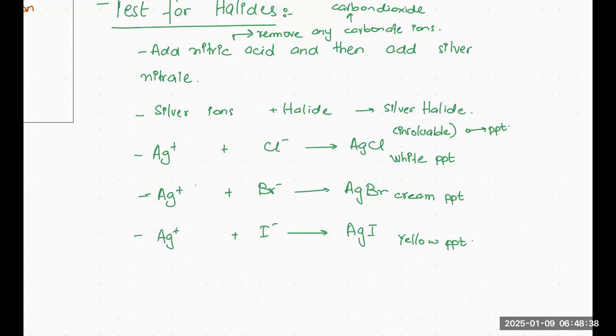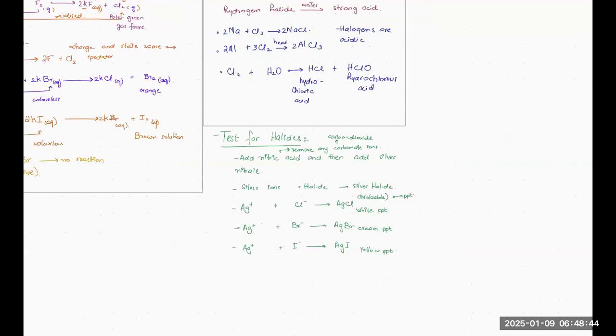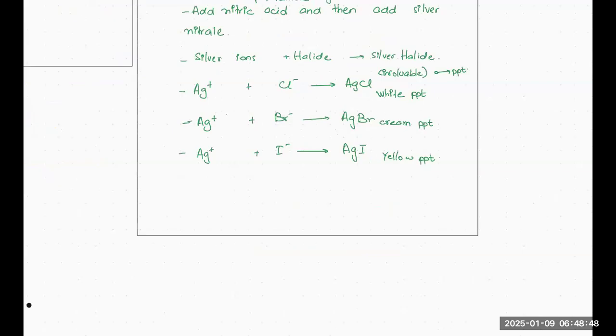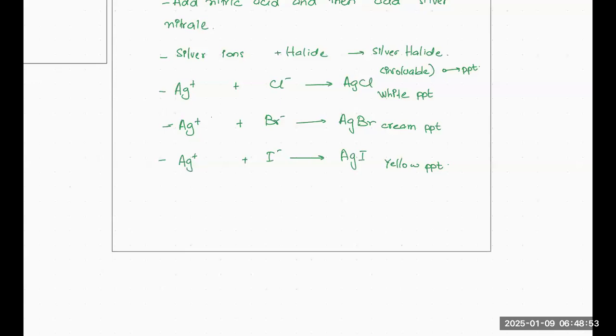Now, obviously, if I'm talking about the test for ions, let me also mention for you guys the test for chlorine gas. If you are ever asked to test for chlorine gas, please remember that we use litmus paper. Now, the observation is slightly different from the observation for other gases.